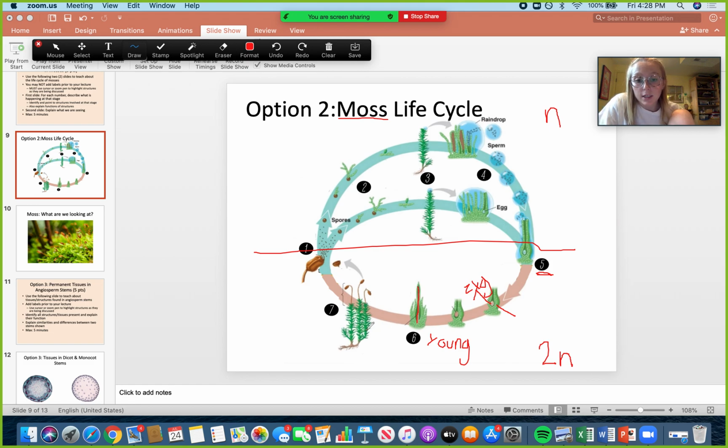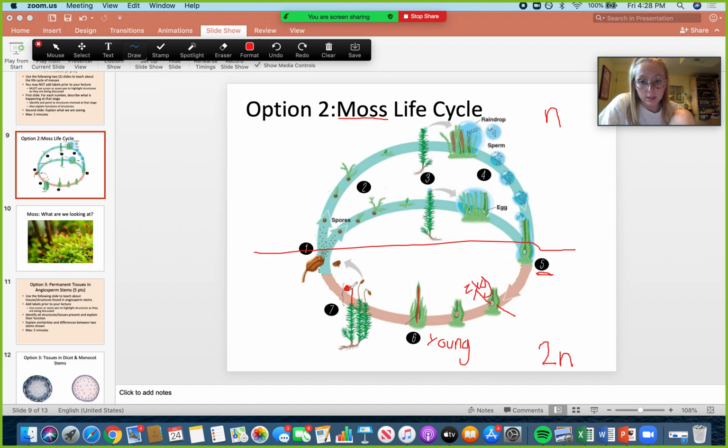Now it's going to develop further into a mature sporophyte. In this image we can see this stalk-like structure is called the seta, and then the bulbous structure on the end is the sporangium.